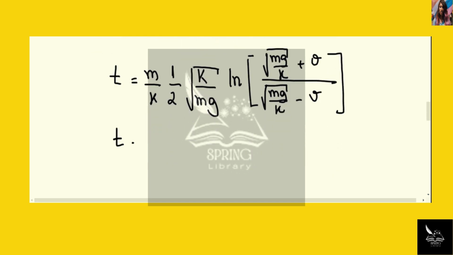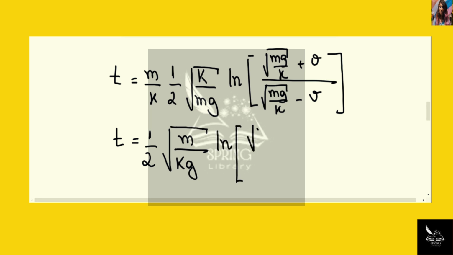So we have t is equal to 1/2 of the square root of m divided by kg times ln of the same ratio.